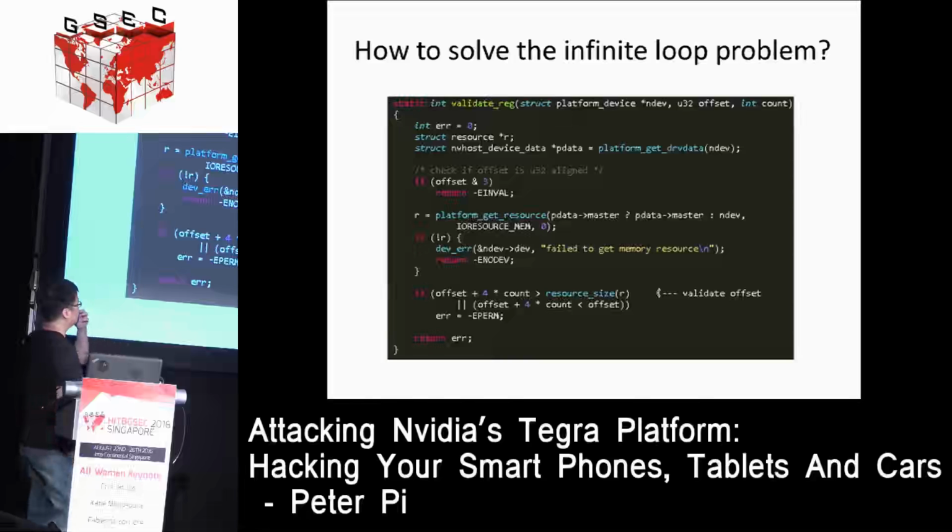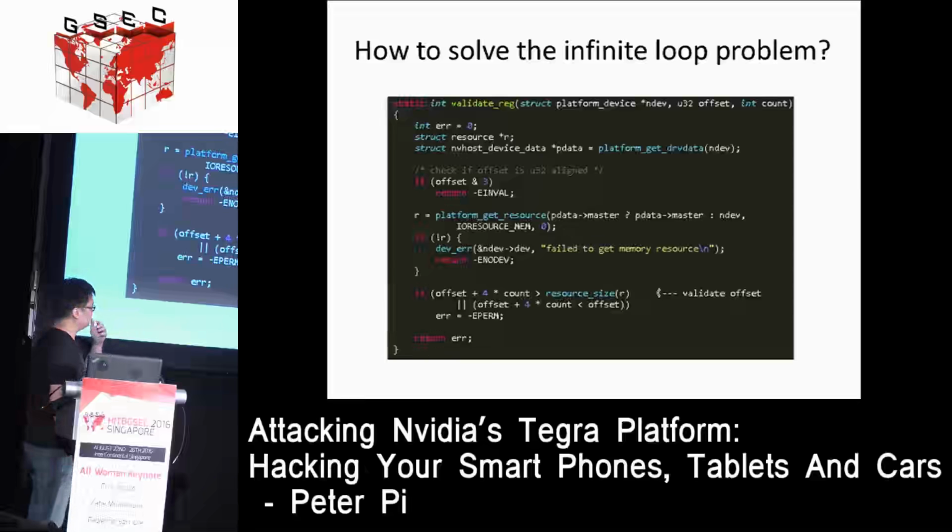We can take a look at the validate reg function. In the validate reg function, it will check whether the offset and the count are bigger than the resource size or not. And it will also check if the offset and the count will cause an integer overflow or not.